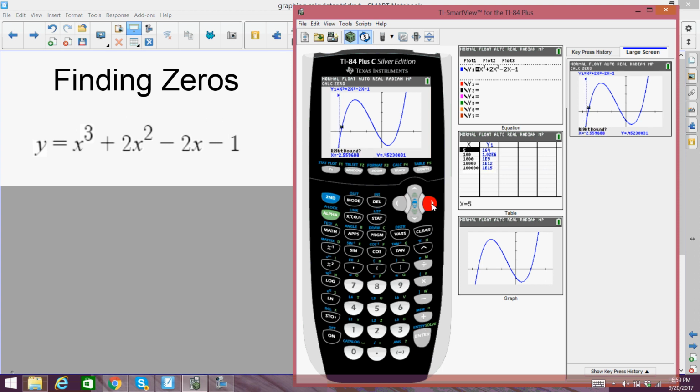Then it asks for a right bound, so we bring our spider to the right value. Basically, one of them has to be negative and one has to be positive if there's going to be a zero there. Then we take a guess. And there's our spider. Get a good guess. Our guess here is negative 2.61, comma 0. So the coordinate of the zero is negative 2.61 and 0.